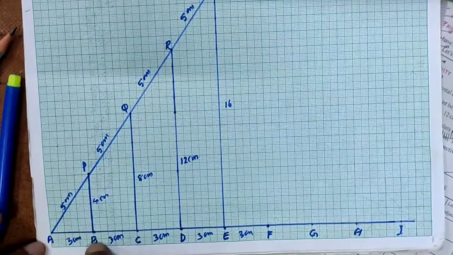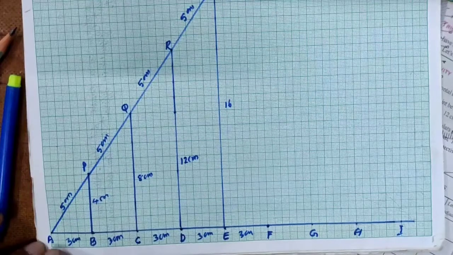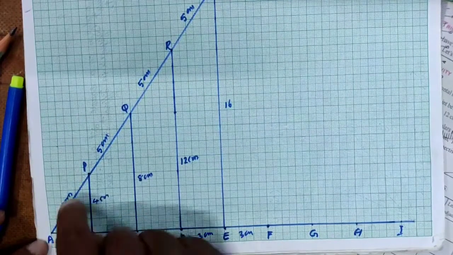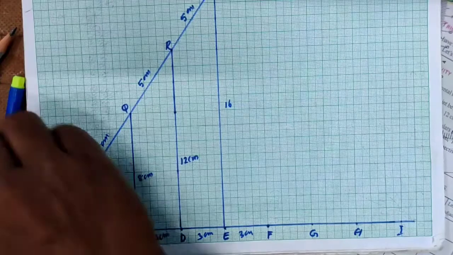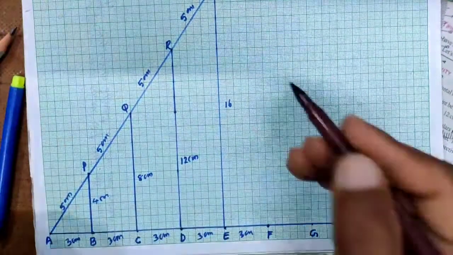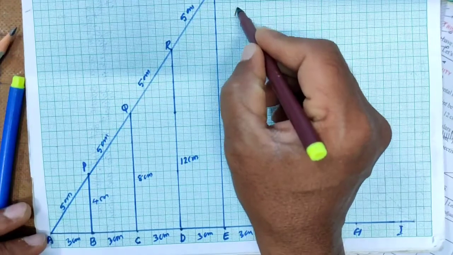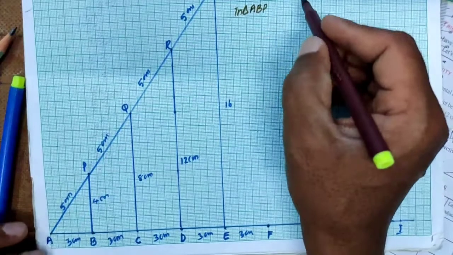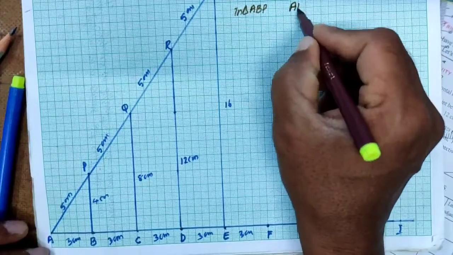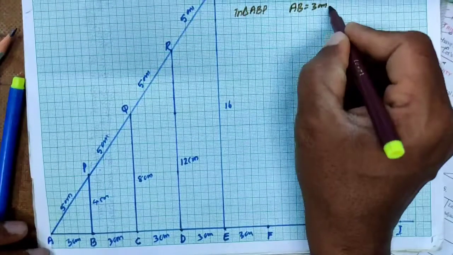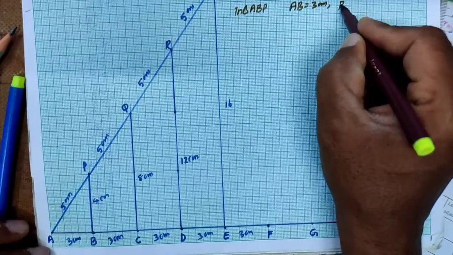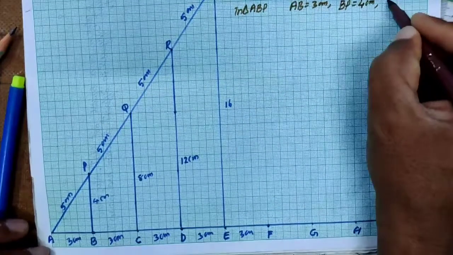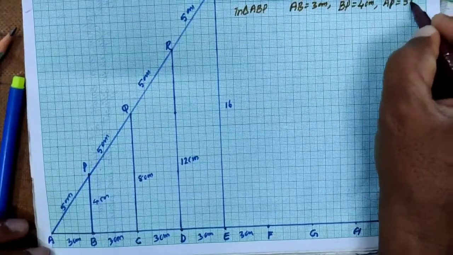See this triangle ABP: AB is equal to 3 centimeters, BP is equal to 4 centimeters, and AP is equal to 5 centimeters.